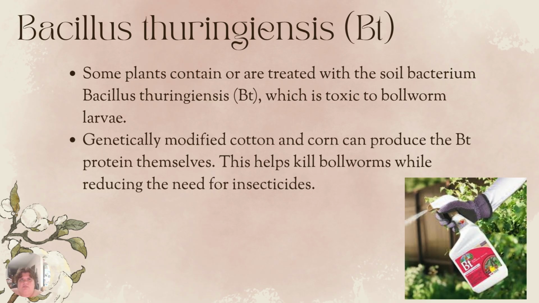Specifically, this was found, I'm forgetting, but you can have BT cotton and BT corn, and this Bacillus gene will kill the bollworms because they are very susceptible to it. This can kill the bollworms while reducing the need for insecticides by planting those genetically modified GMO Bacillus BT cotton.